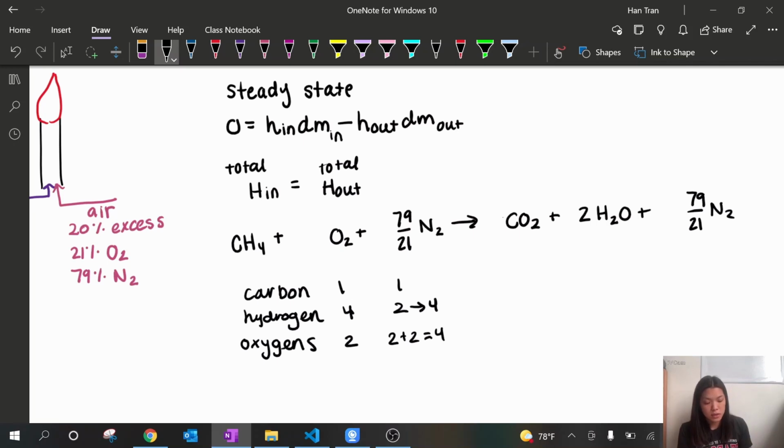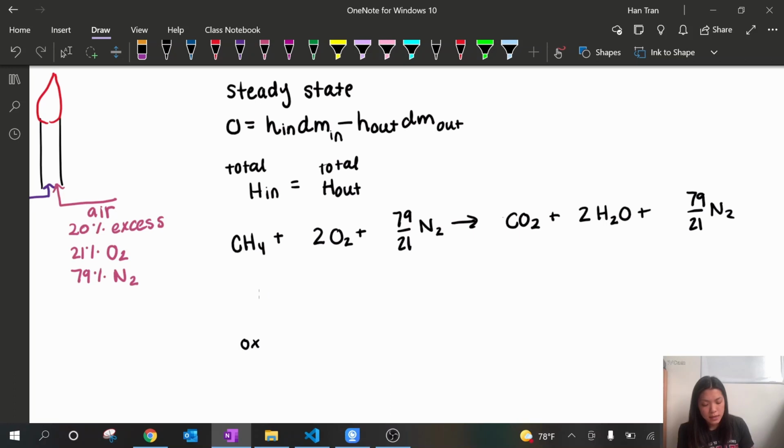Since there is 2 less, we'll add 1 more mole of oxygen, which will give us 2 moles of oxygen to give us 4. So now the carbons, hydrogens, and oxygens are all balanced. But we have to keep in mind that as we increase the moles of oxygen, we also have to increase the moles of nitrogen because they are in air together, and so they work coinciding together.